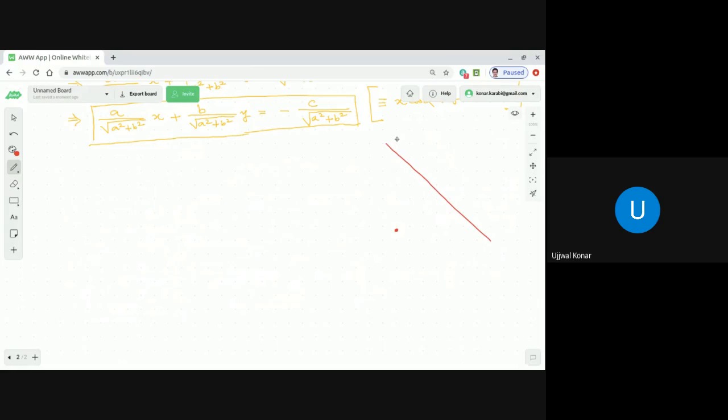The equation of the straight line is ax plus by plus c is equal to 0. And suppose this P is a point with coordinates x1 comma y1, and from that point P we are drawing a perpendicular to the straight line, and suppose N is the foot of the perpendicular.